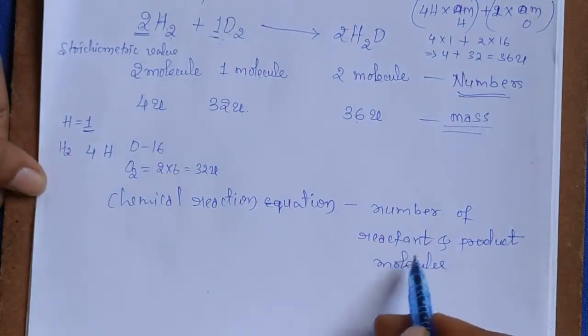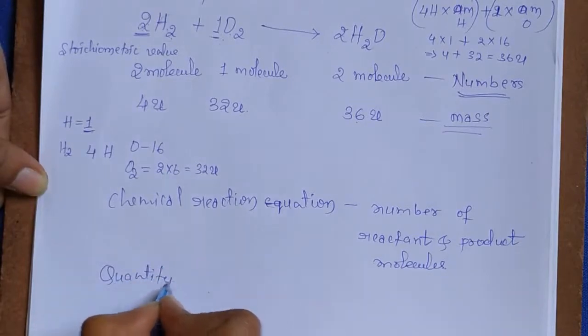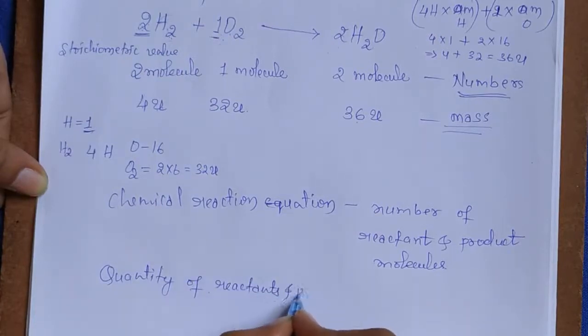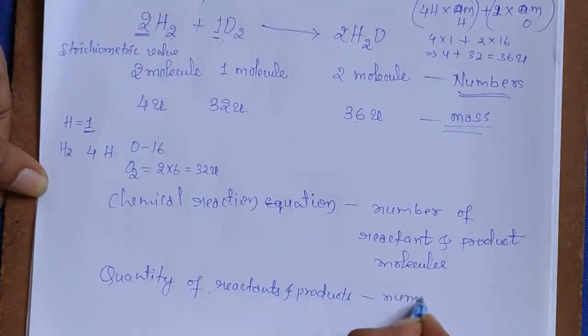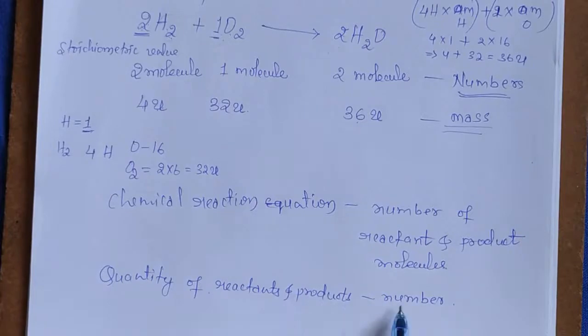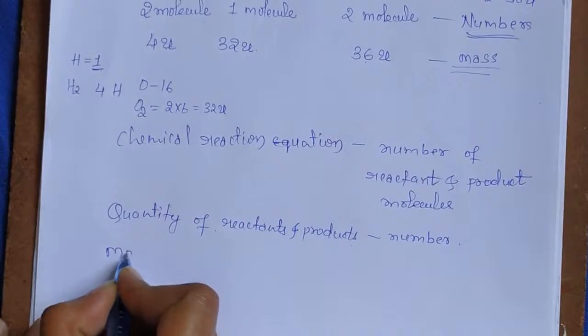So it is better to express the quantity of reactants and products in terms of their number. To express the quantity of reactants and products in number, a new term is introduced, that is mole.